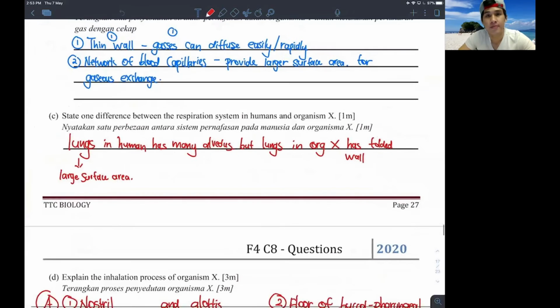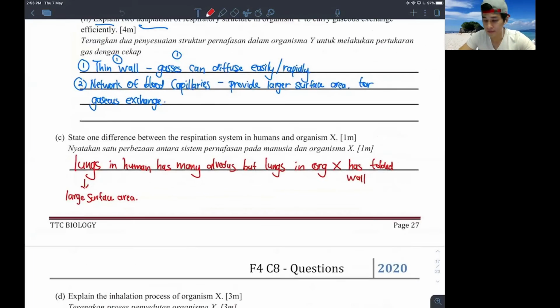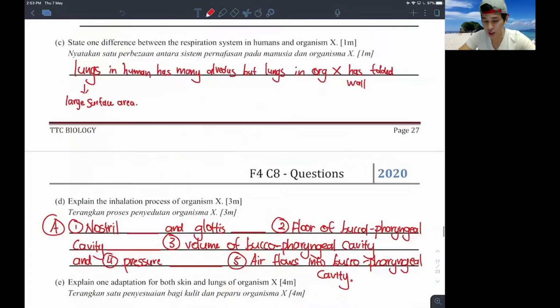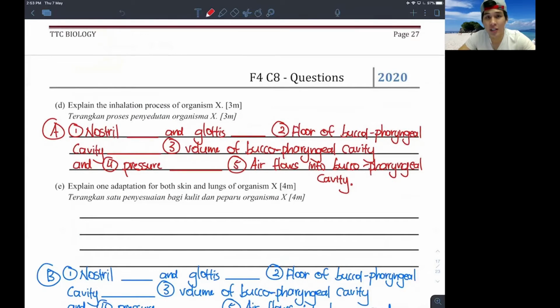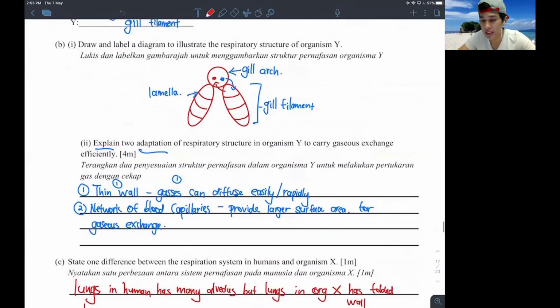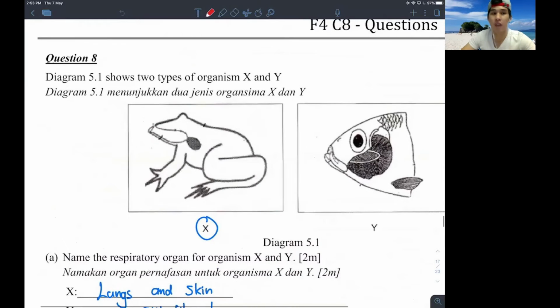Okay, so next we look at question D. The inhalation process of organism X, the frog one. Remember last week I told you frog inhalation process has two phases.